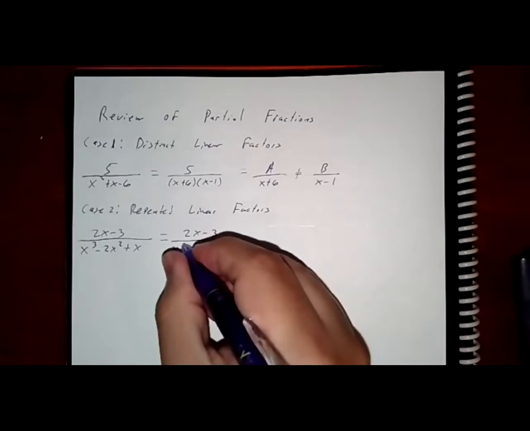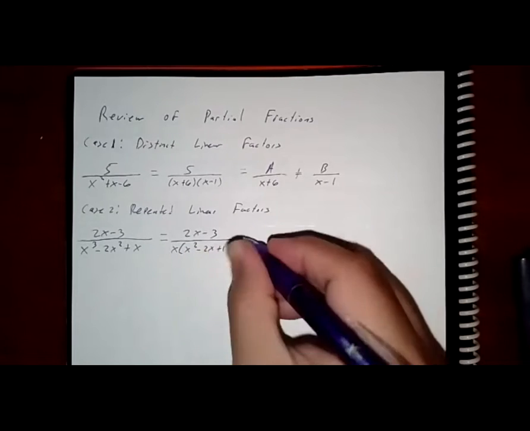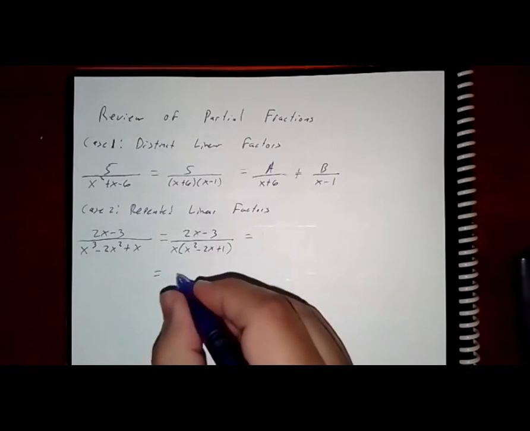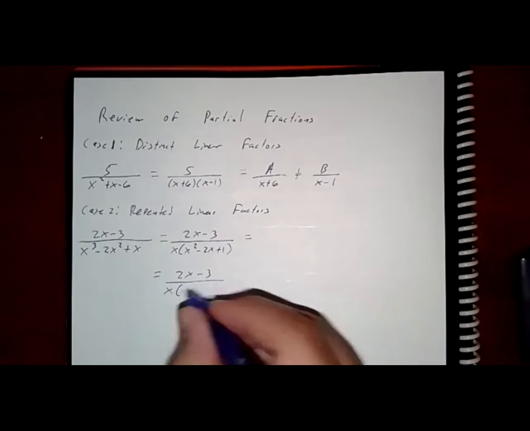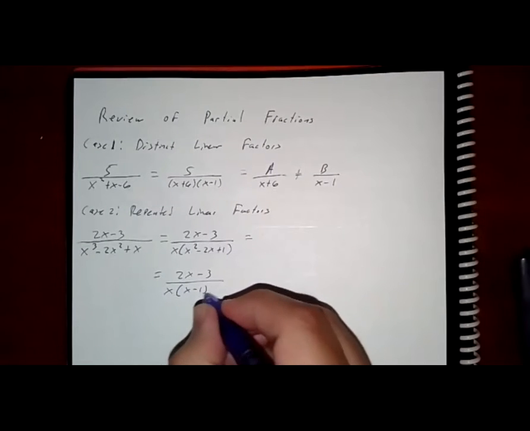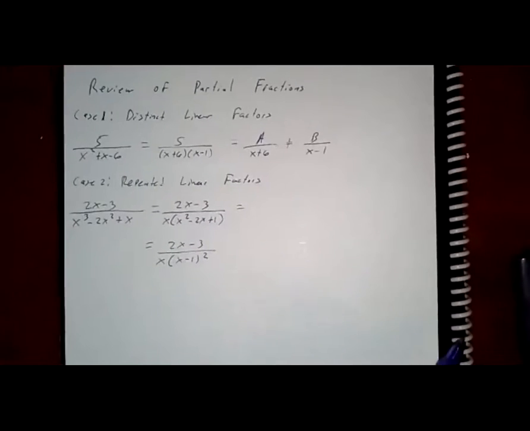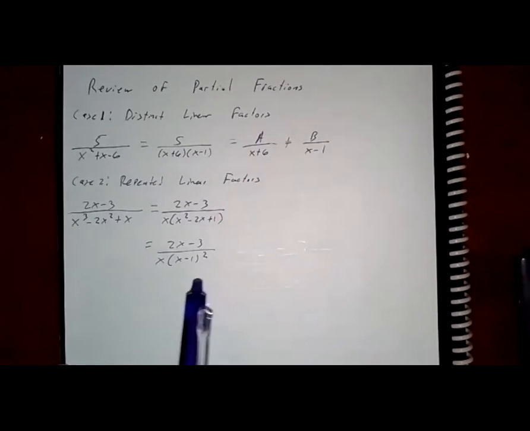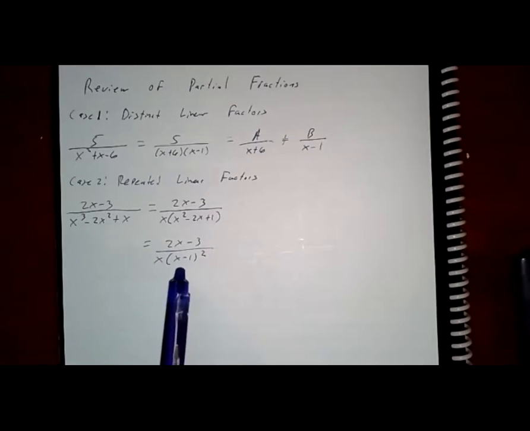We'll factor an x out, and you're left with x squared minus 2x plus 1. And then that part factors into x times x minus 1 squared, right? This is a perfect square. Now, you see how it has a 2 on it. So it's no longer distinct. X is distinct, but this one is not distinct anymore.